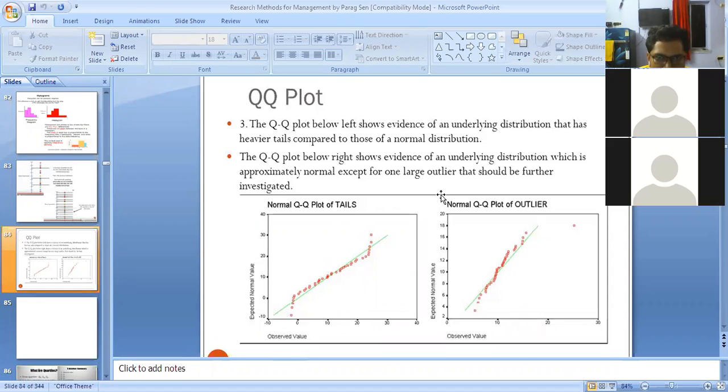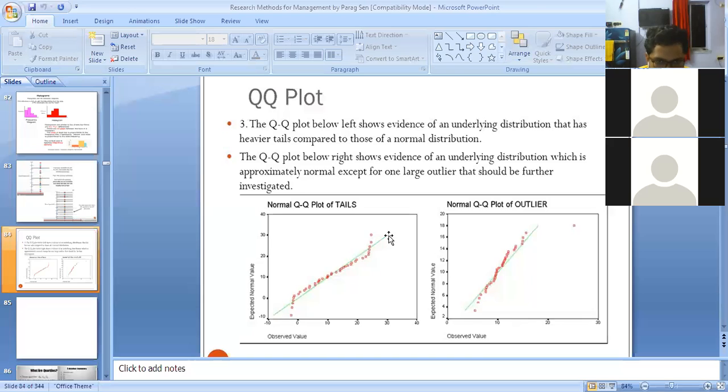And if you see that the QQ plot is distributed almost in a straight line, then you can say that your data is normally distributed. Or if it is not like that, then you can assume that your data is not normally distributed.